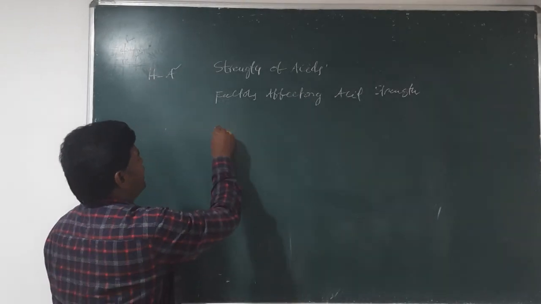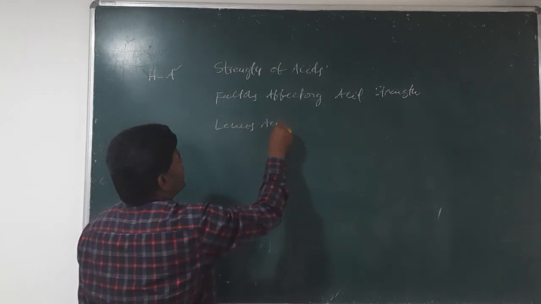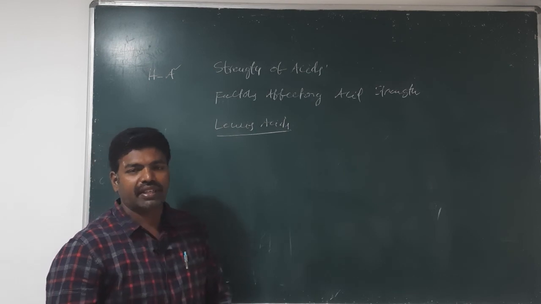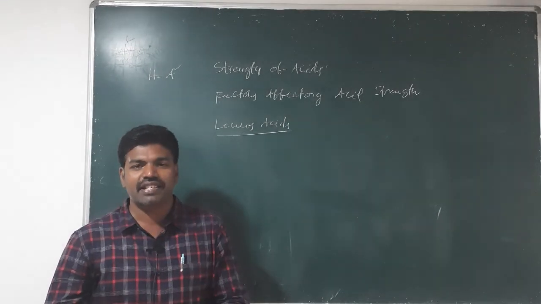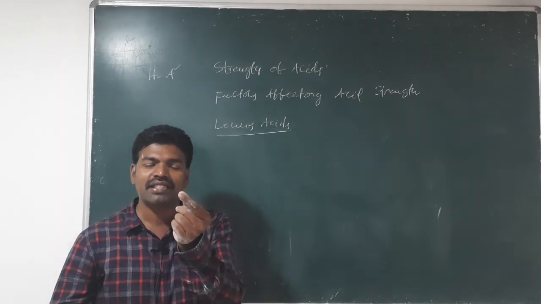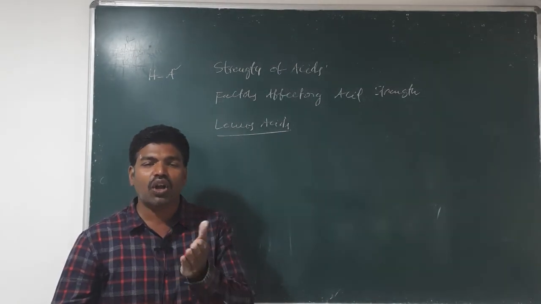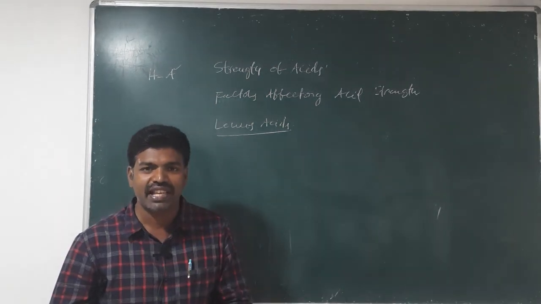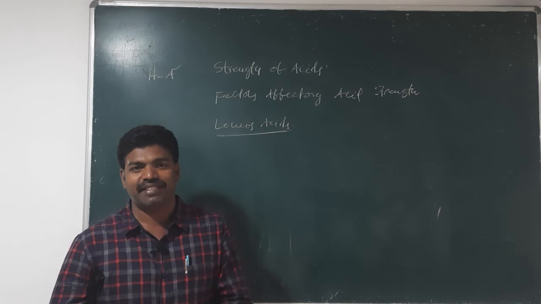Already we know that all simple cations are Lewis acids, and the compounds in which the central atom has an incomplete octet are Lewis acids, and the compound in which the central atom has vacant orbitals is a Lewis acid, and the compound with multiple covalent bonds is a Lewis acid.